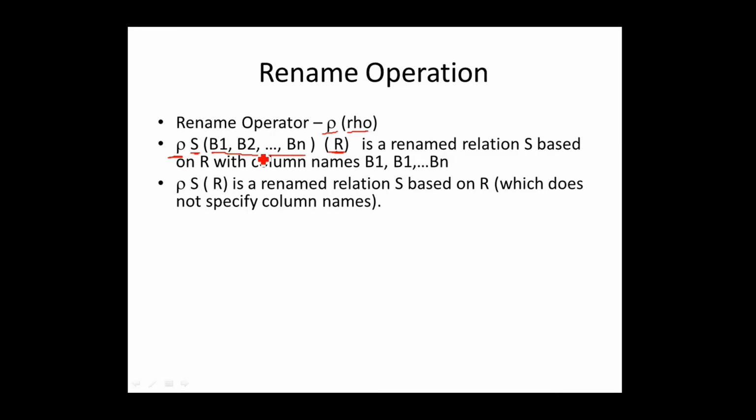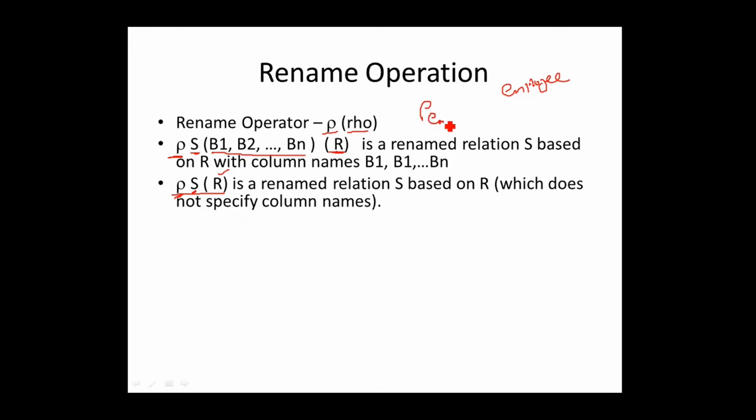If you want to just discard the column names, you can mention it like this. So this is the old name for the table R. I'm renaming it as S, and this is the rho operator. Simple example, say I have a table called employee. I am renaming employee to emp. How can I specify that?